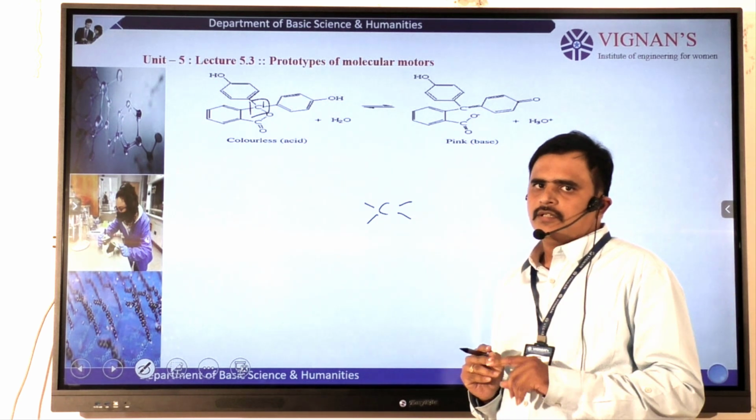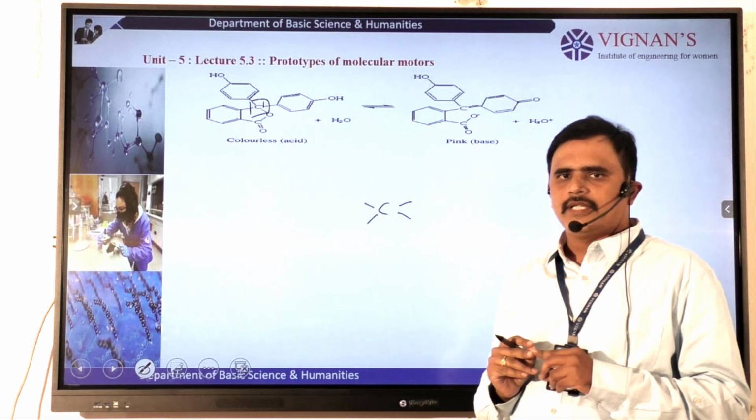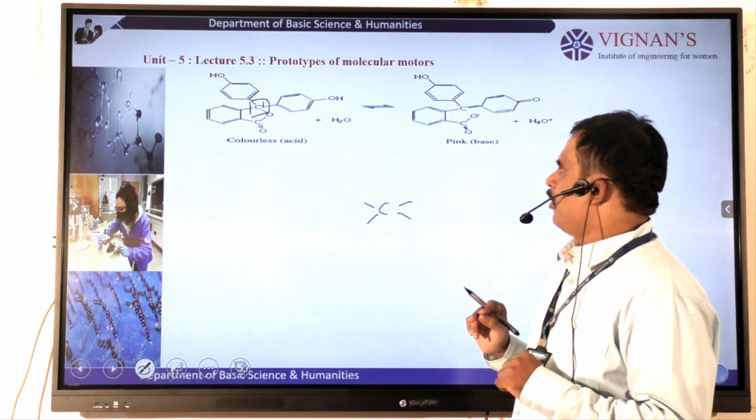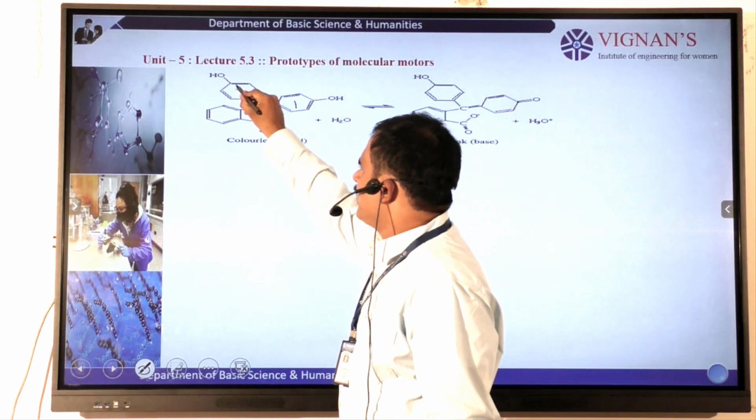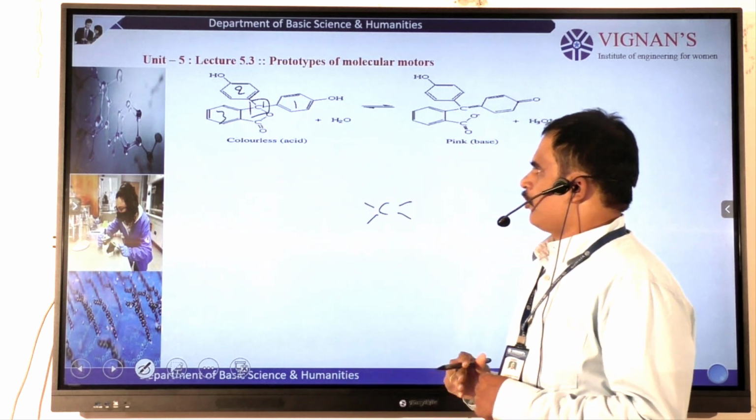First we draw the carbon, then we give 4 bonds, and now understand the benzene rings surrounding this molecule.